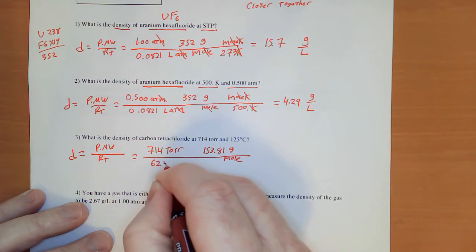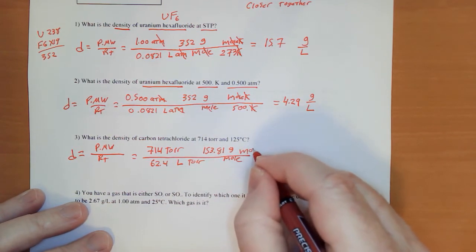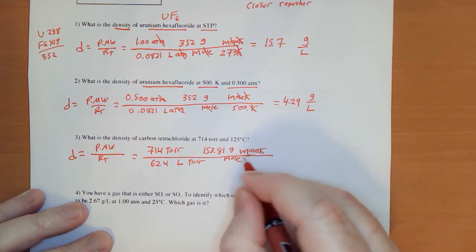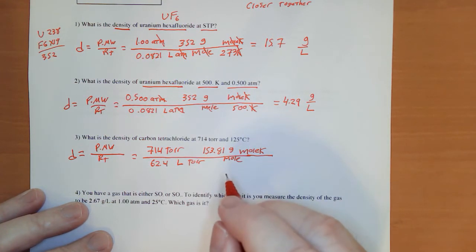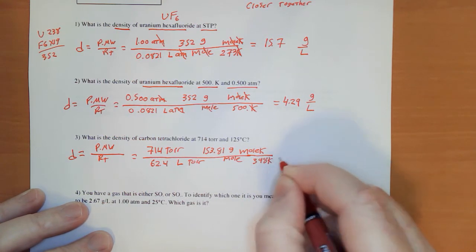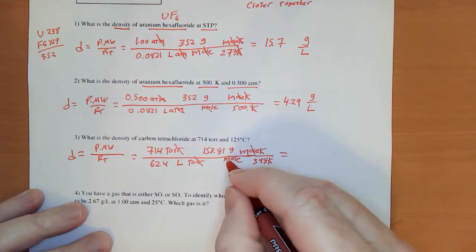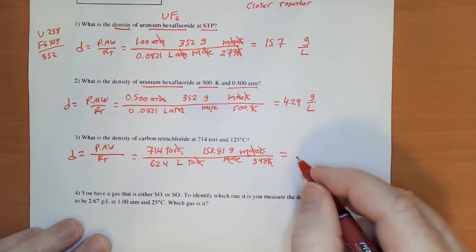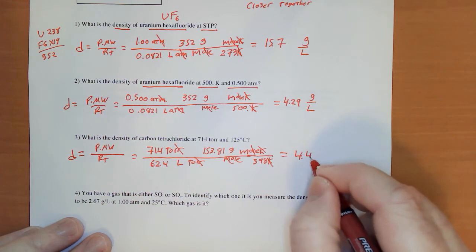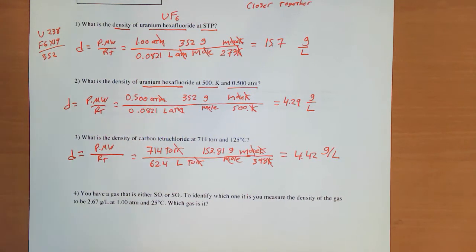I'll use 62.4 liter torr per mole K. The temperature is 125, so add that to 273, 398 K. Same thing, units canceling, the torr is gone, moles and Kelvin. Okay, you have 4.42 grams per liter. So what I'm seeing pretty consistently here is that the density of gases is relatively low.